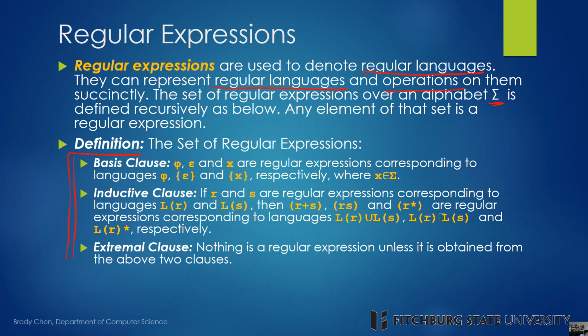We have the basic clause, which basically means the empty set, empty string, and x are regular expressions. Now we don't use the set anymore, we use expressions. Phi, epsilon, and x are regular expressions corresponding to the language phi, the set of the empty string, and the set of x respectively.